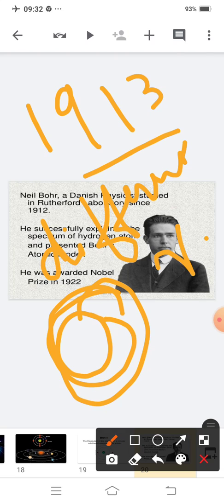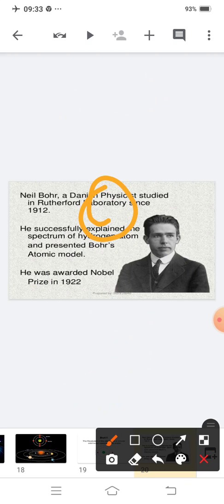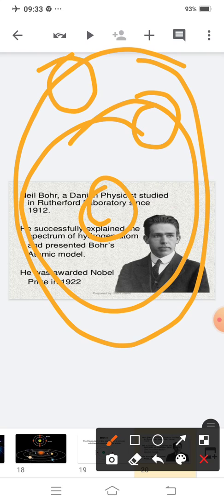The electrons in orbits close to the nucleus have low energy, while those farther from the nucleus have more. For example, this is a nucleus. One electron is revolving here and one is revolving here. Which one has more energy?